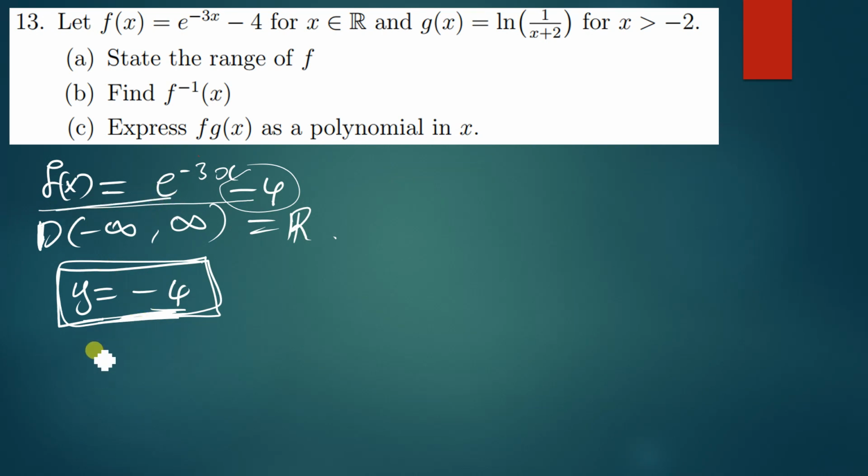You just get what you have as the horizontal asymptote, which is negative 4, and then you say this is going up to positive infinity. Depending on the orientation of the curve, for this one it's going towards the positive y. So that's why I've said the range is simply from negative 4 to positive infinity.